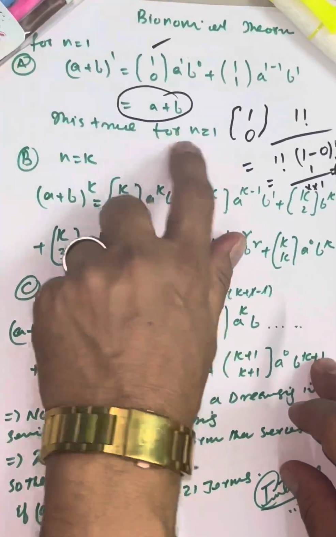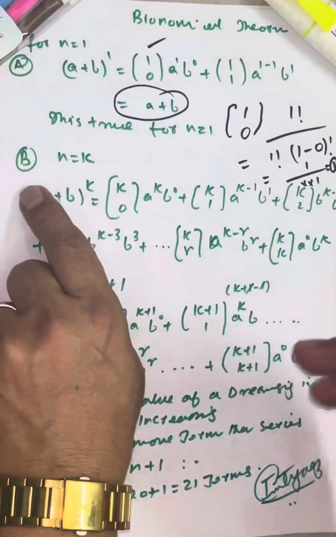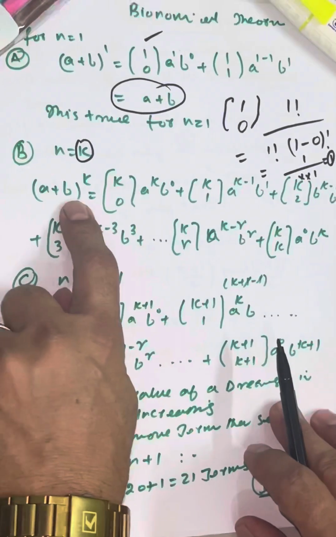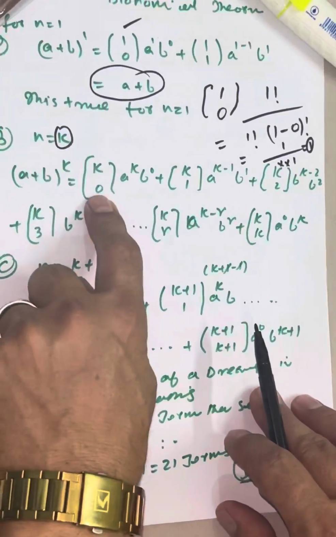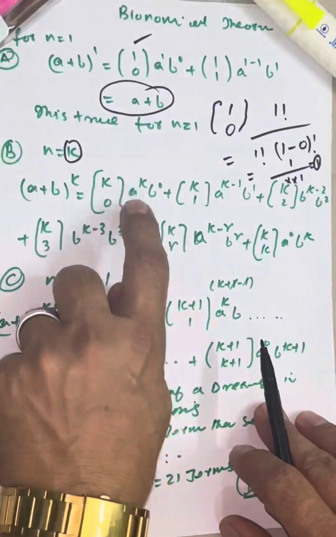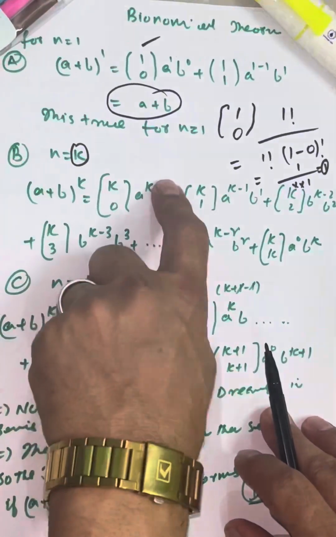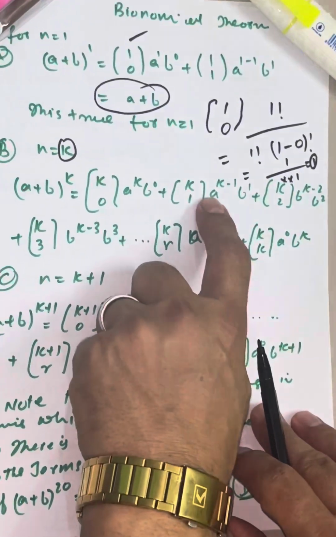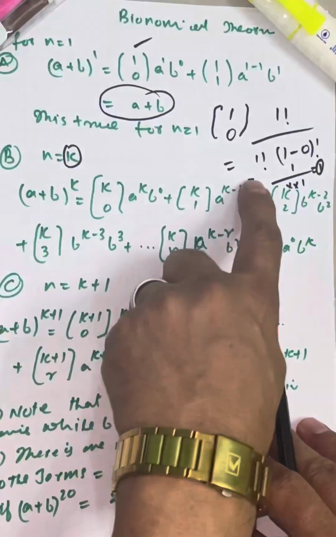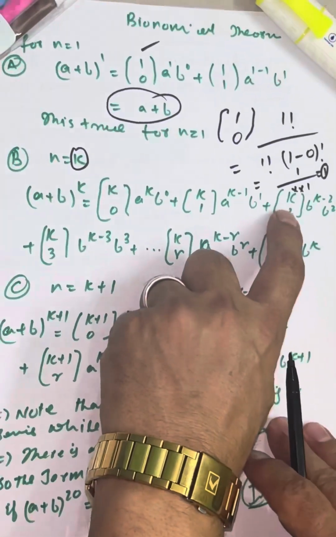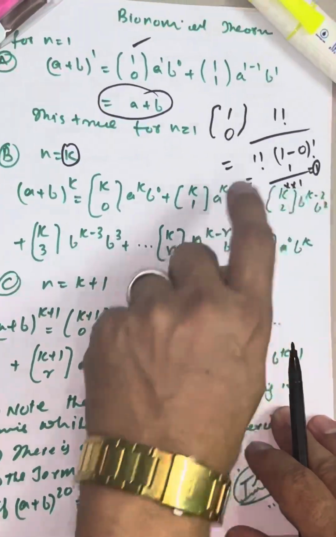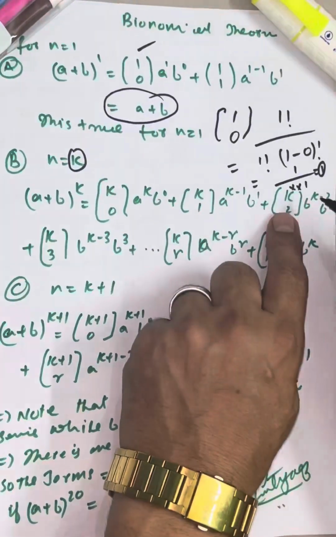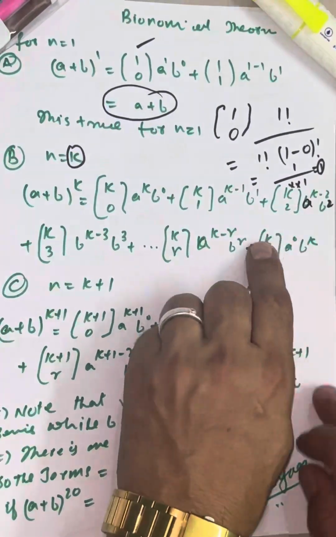And this is true for n equal to 1. And when we put n equal to k, this is very important. The same series, (a + b)^k: kC0 a^k, the power of a starting from k, and b^0; the second term kC1, the power of a decreasing to a^(k-1), the power of b increasing to b^1; the third term kC2 a^(k-2) b^2, the power of a is decreasing while the power of b is increasing.